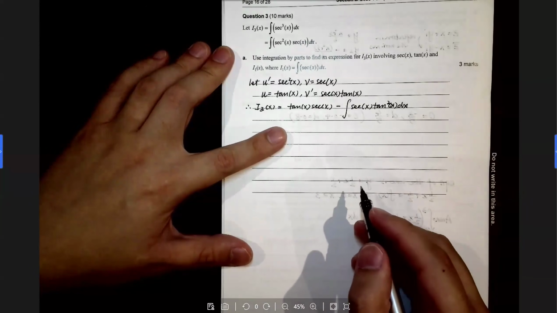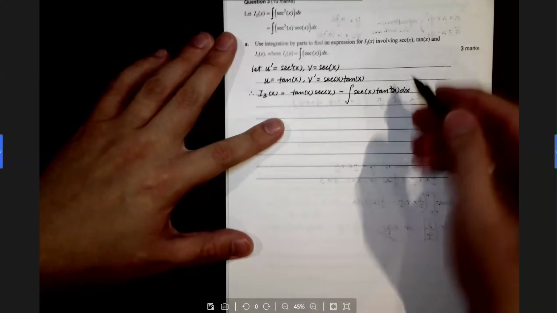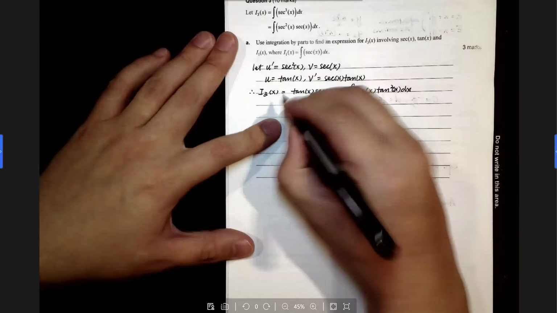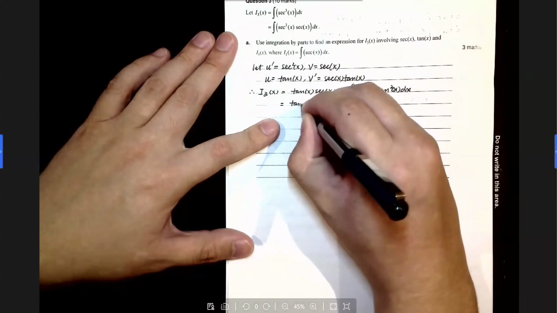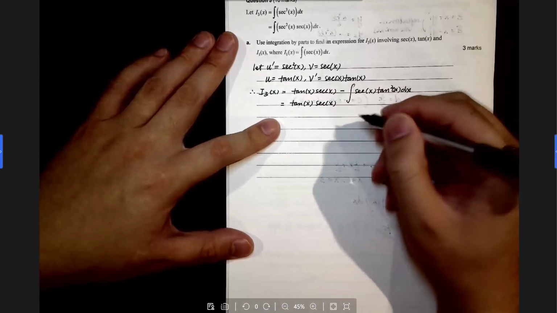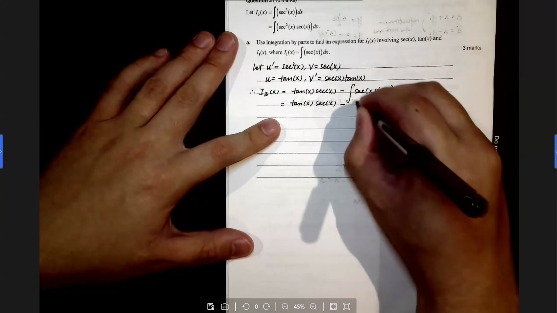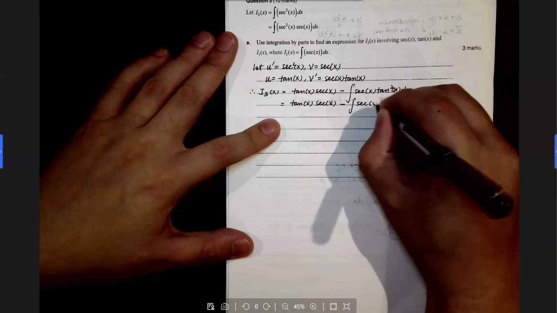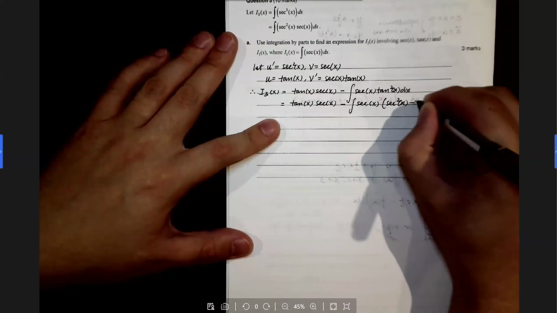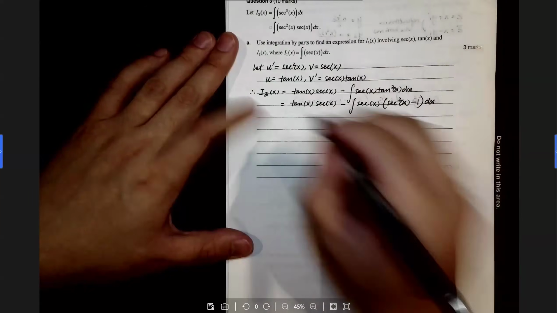Okay, and then we want to express this in terms of secant, so we try to get as many secant terms as possible. I can't move the first term, tangent times secant, but I do notice the second term can be written as secant squared x minus 1 dx.